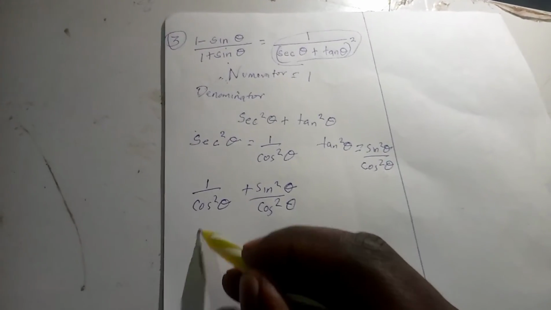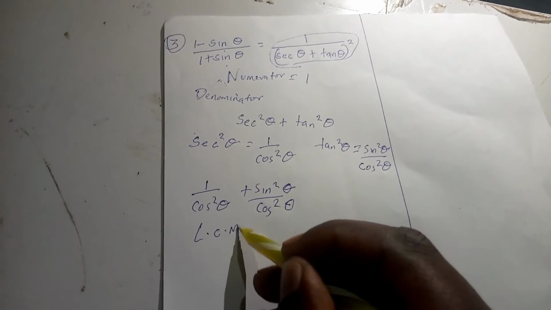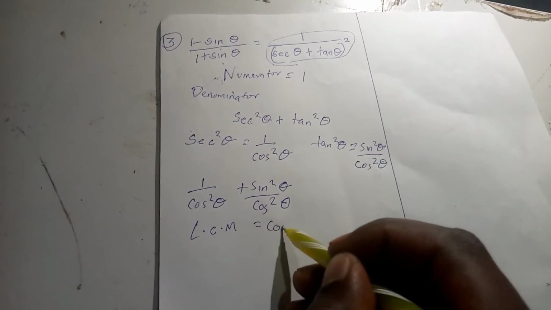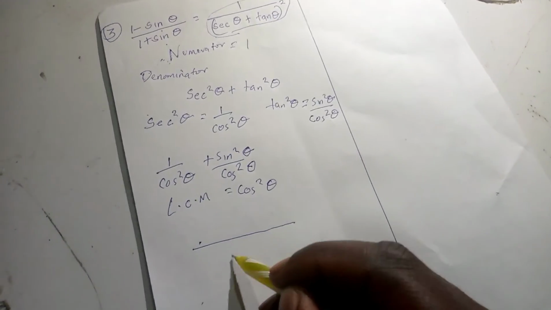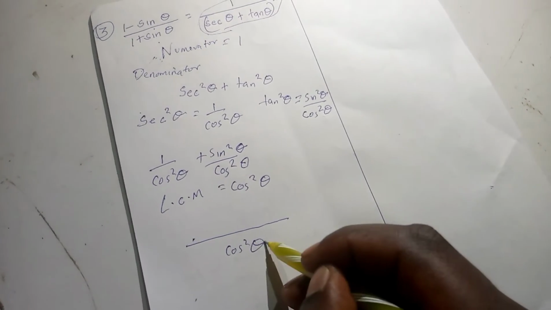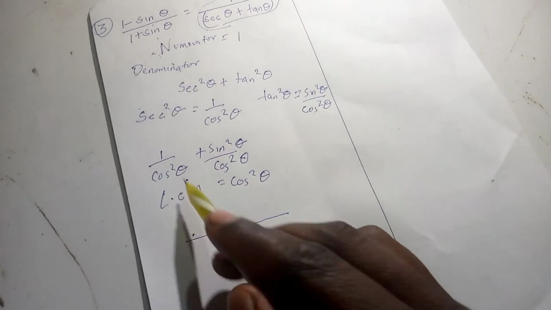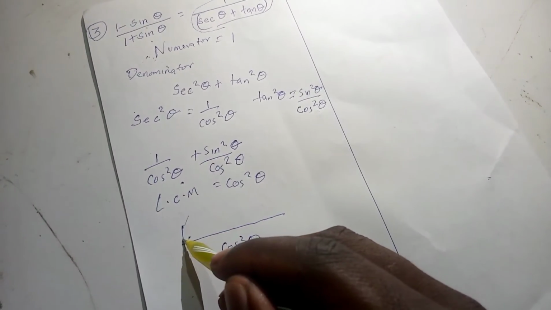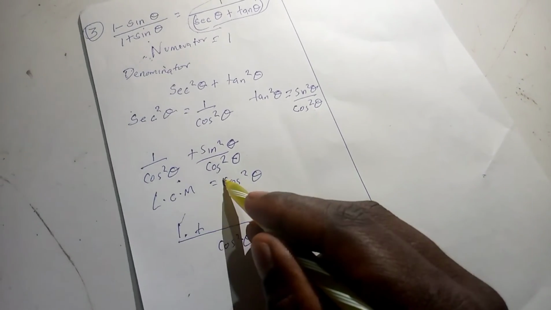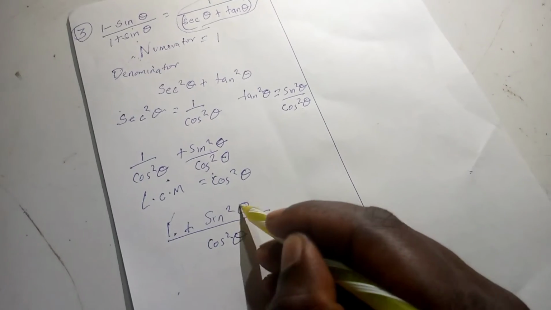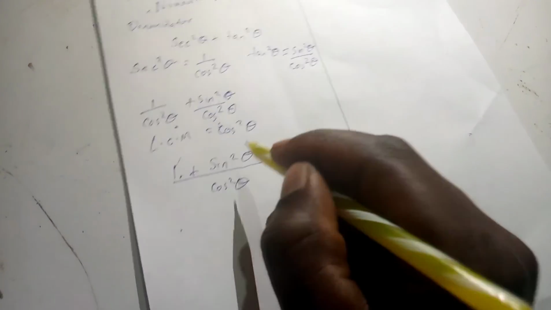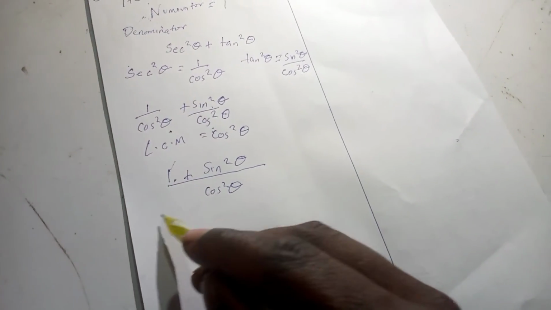Now we can evaluate. Our LCM will automatically be cos squared theta, so we use cos squared theta as our denominator. Cos squared theta goes there once, so it will be 1 plus sin squared theta. Yeah, so I think we're through.